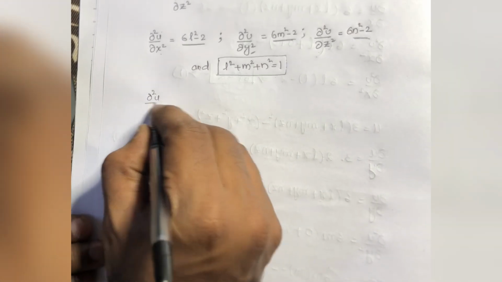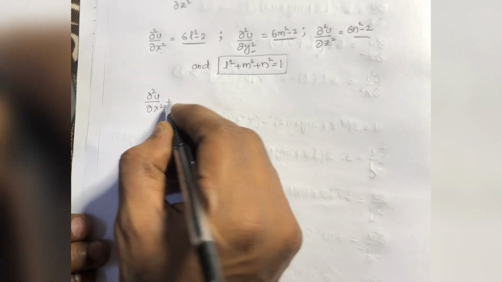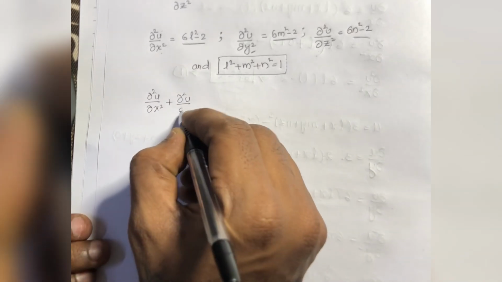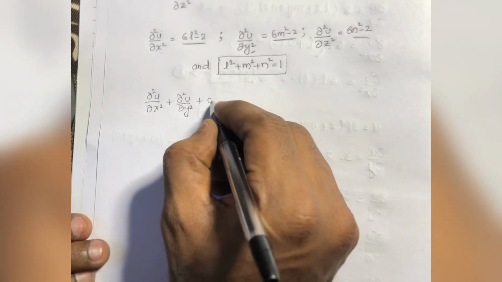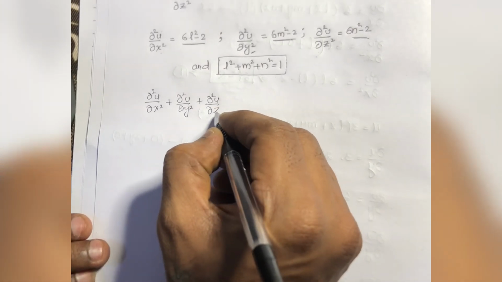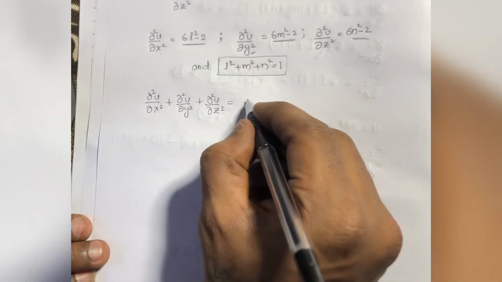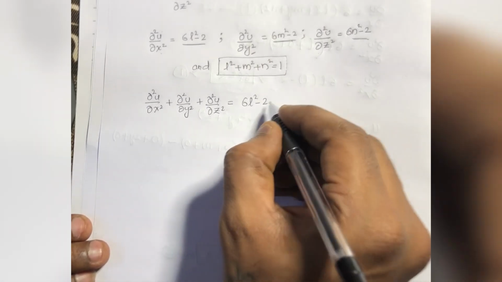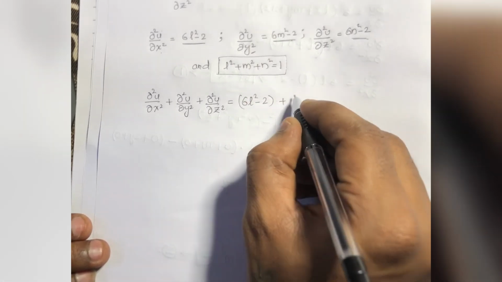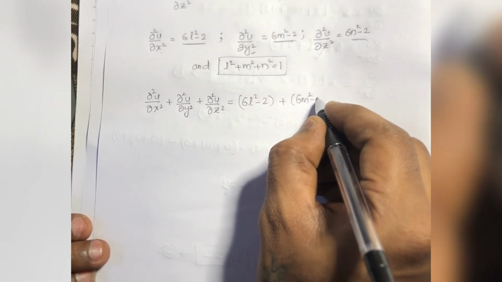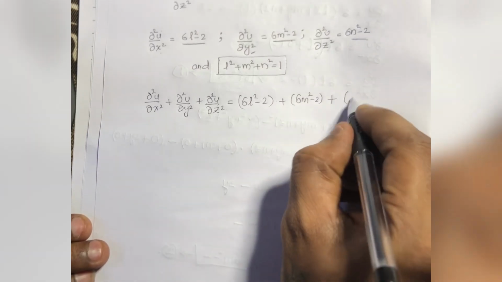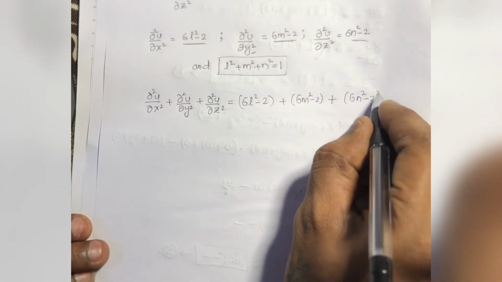Dou square u by dou x square plus dou square u by dou y square plus dou square u by dou z square is equal to, this is 6L square minus 2 plus 6M square minus 2 plus 6N square minus 2.